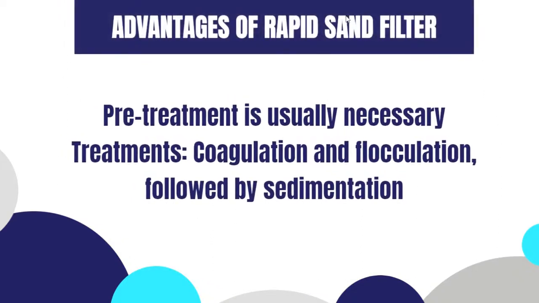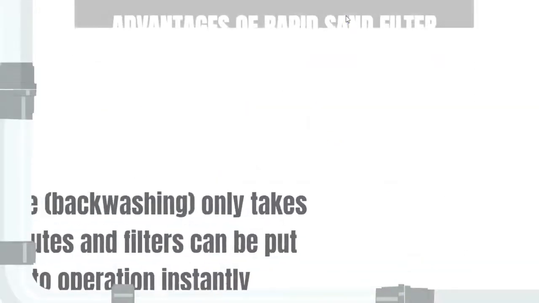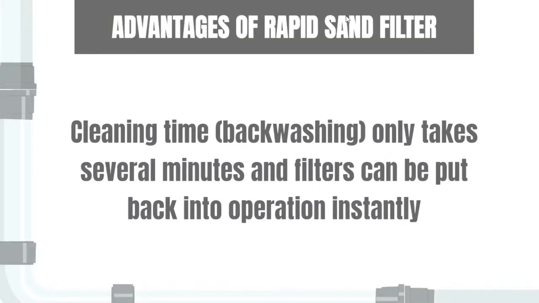Pre-treatment is usually necessary for rapid sand filtration. Such treatment could include coagulation and flocculation, followed by sedimentation. Cleaning time: backwashing only takes several minutes and filters can be put back into operation instantly.